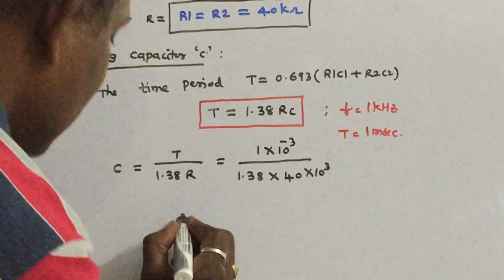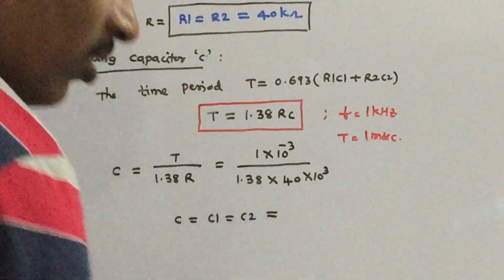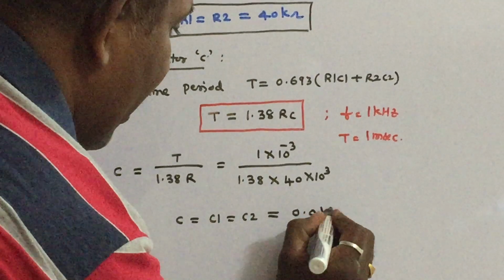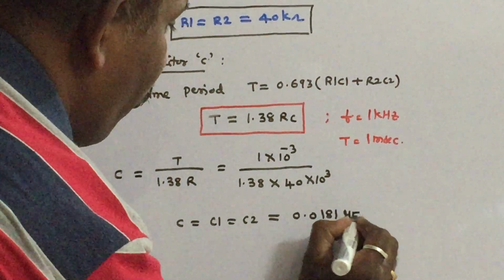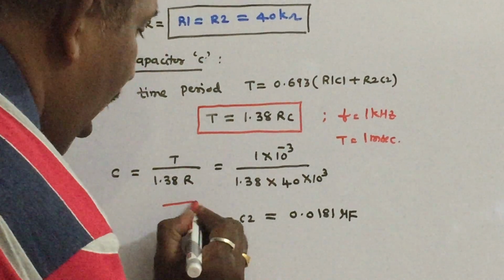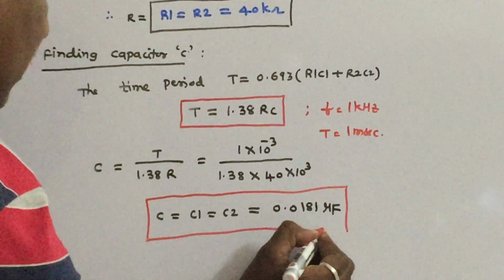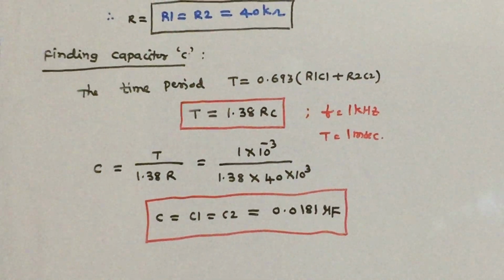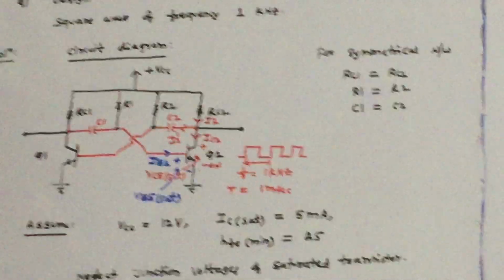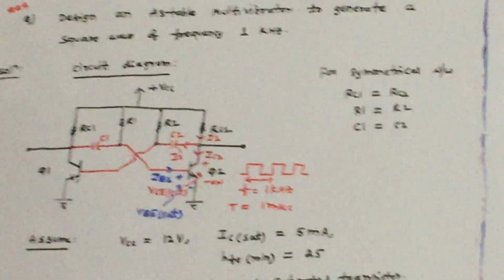So C1 is equal to C2, which comes out as 0.0181 microfarads. In this way you can calculate all the values: RC1, RC2, R1, R2, C1, C2. This is a very simple problem in the examination. Remember that the procedure is the same for every problem on the design of an astable multivibrator. Thank you.